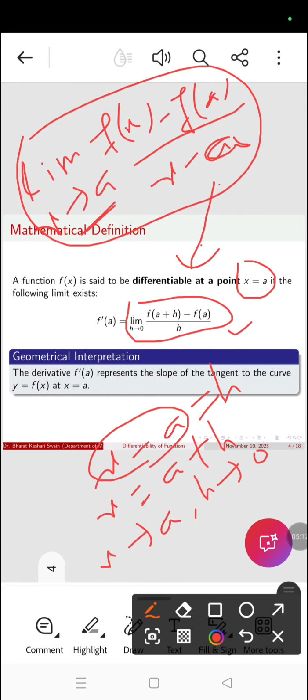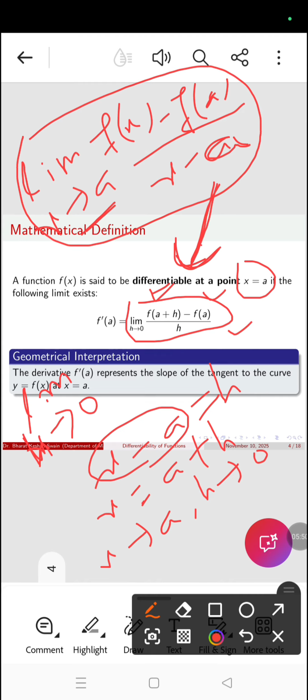So this limit will reduce to limit h tends to 0, and f of x becomes f of a plus h, because x equal to a plus h. So f of a plus h minus f of a, divided by h, since in place of x minus a we can put h.